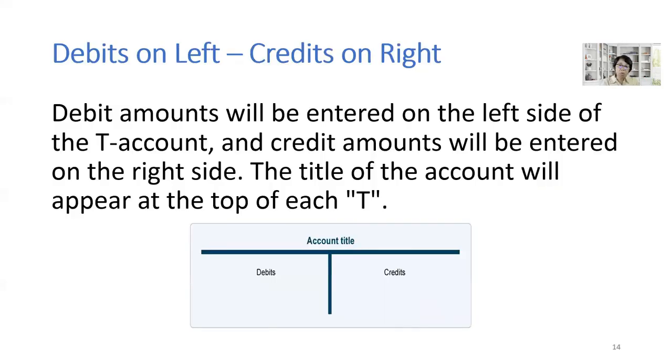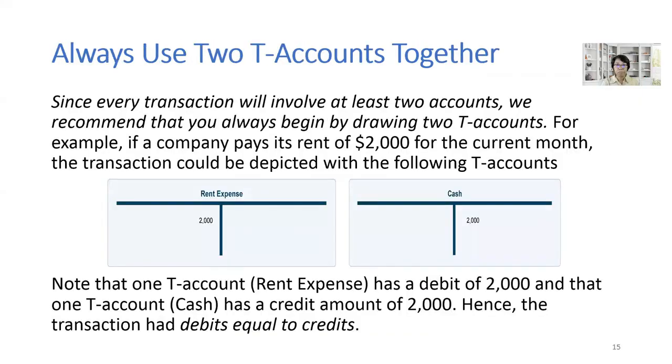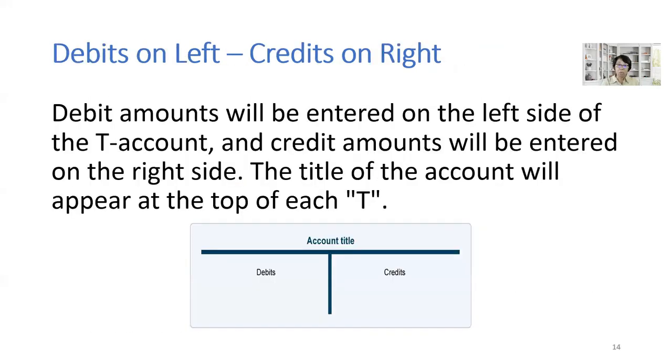So here's the T account. And you could see there's a title at the top. It would be like automobiles or bank account or whatever the account is. And the debits go on the left side of the T account and the credits go on the right side of the T account. So remember I said you can't debit or credit the same account, because let's say this was your bank account.